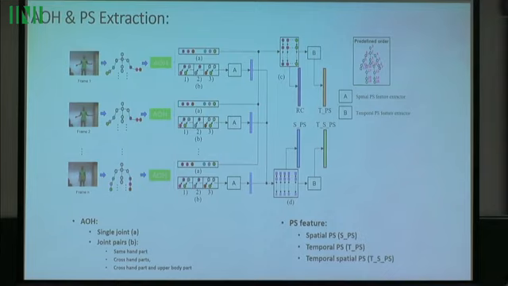We define those as path signature pairs, and we extract the spatial path signature based on joint pairs, and the temporal signature based on the joints along time. We also combine them to extract a temporal-spatial path signature. So we have raw coordinates, temporal path signature, spatial path signature, and temporal-spatial path signature. All four kinds will be used as features to represent the hand trajectory.